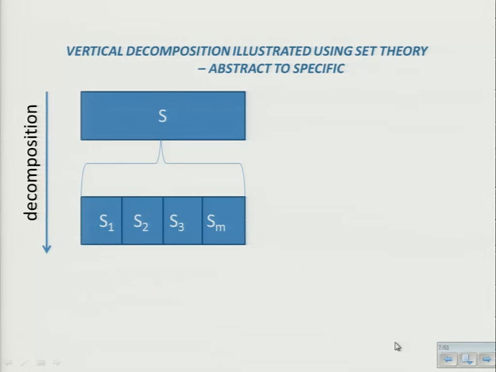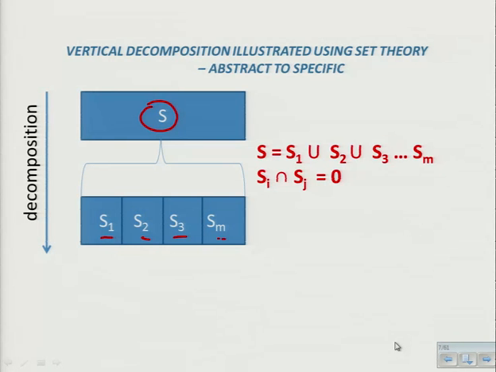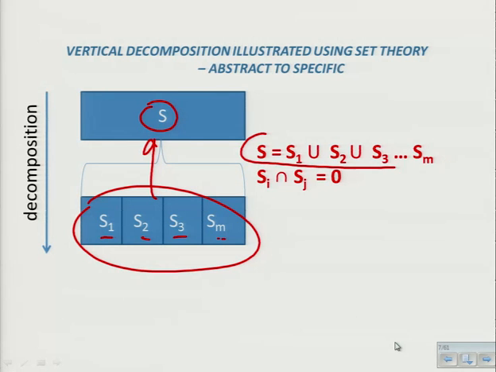So as we do this vertical decomposition, we start off with something like say a concept S, and then it's like a set, and we're going to decompose this into its components 1, 2, 3, and so on. Now, one of the things we need to have, of course, in a good decomposition is that if I take all of the components and add them up, I get the combined set, or the union of that, and that's what we have here.